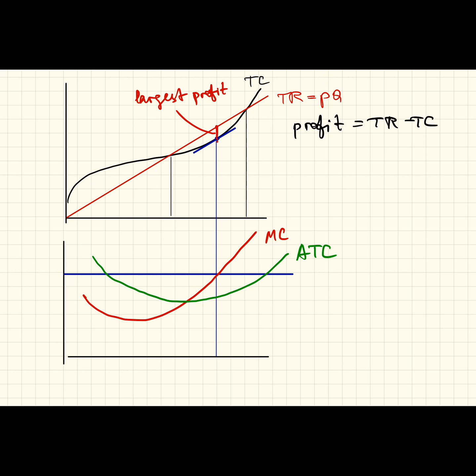In other words, that's basically when marginal revenue equals marginal cost, because marginal cost is basically the slope of our total cost curve, or the slope of this tangent line, right? And marginal revenue is just the slope of the total revenue curve, which is price.